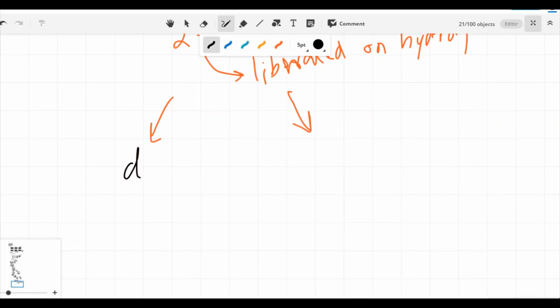Okay, di means two. And if they contain three monosaccharide molecules, they can be classified as trisaccharides.